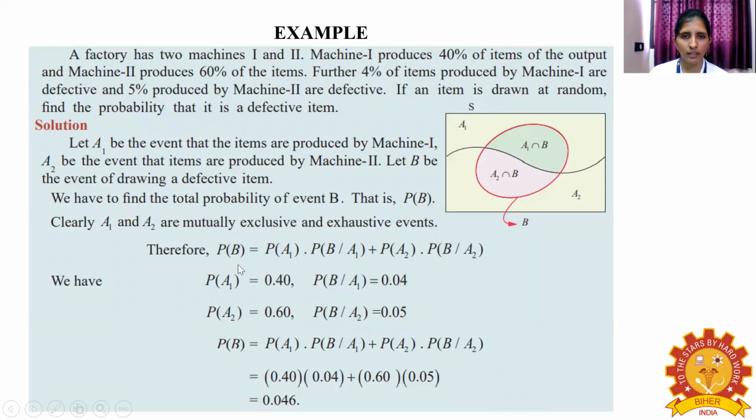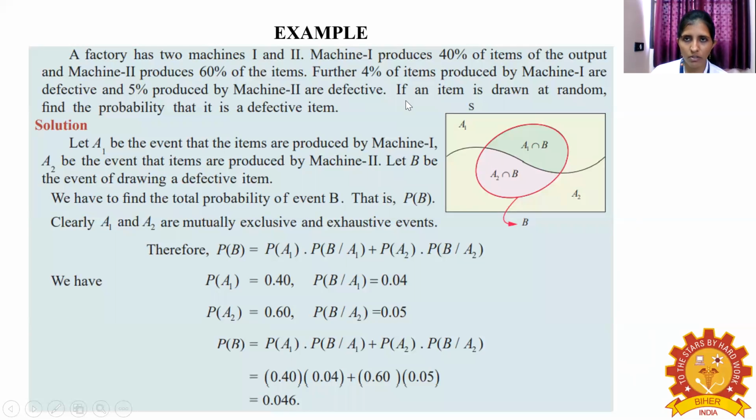and based on the given theorem, we'll see one example. A factory has two machines 1 and 2. Machine 1 produces 40% of the items of the output, and machine 2 produces 60% of the items. Further, 4% of items produced by machine 1 are defective and 5% produced by machine 2 are defective.